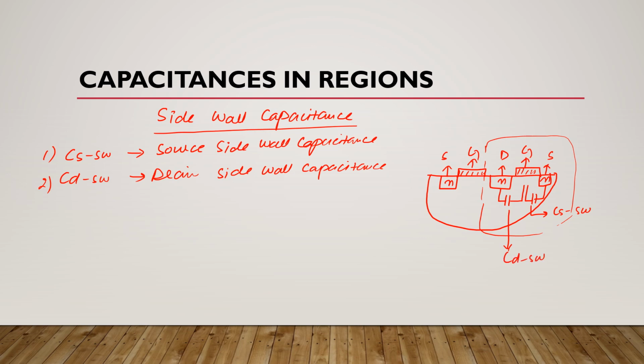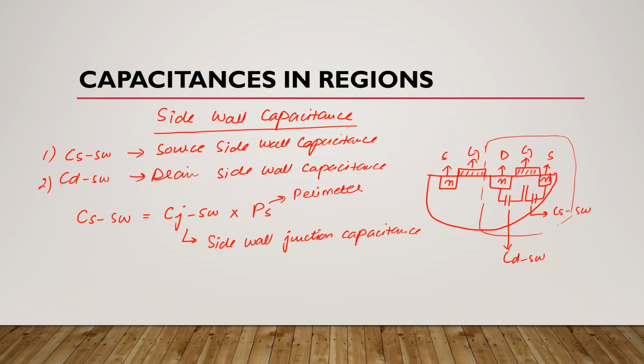Okay, so the formula of source sidewall capacitance is this, where this is sidewall junction capacitance, okay, and this is source perimeter, okay.